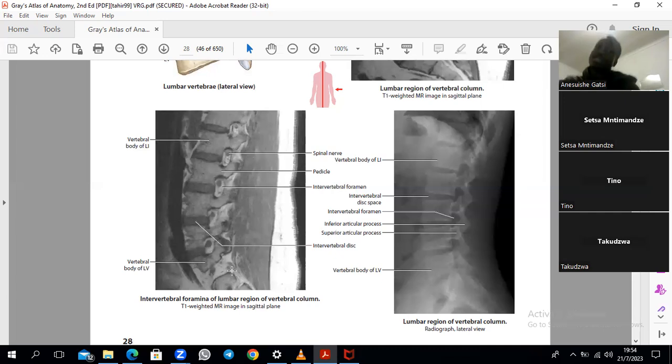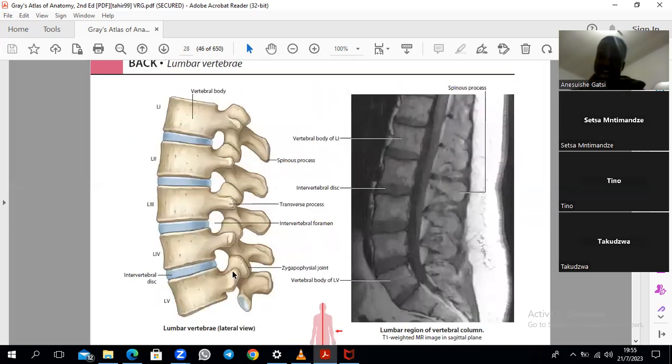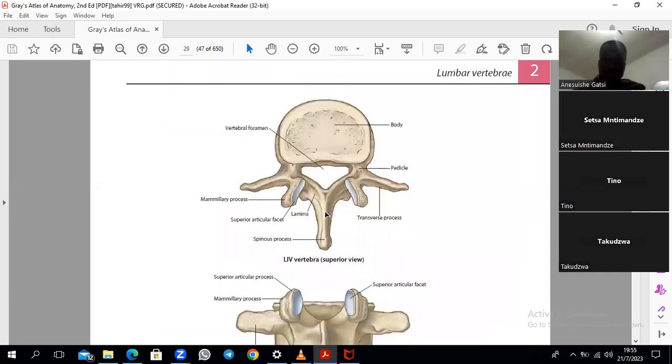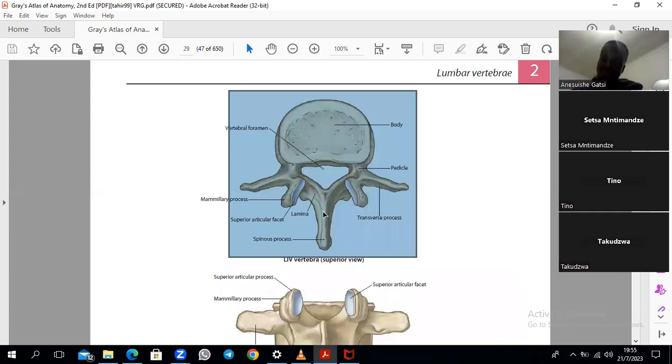Then there's a quite important condition that we call spina bifida. Spina bifida can be described from many angles, but what generally happens, from the mild to the severe, is that the vertebral arch is not closed. So this region here will be open, and the spinal cord and the meninges lying within the vertebral foramen will be exposed.